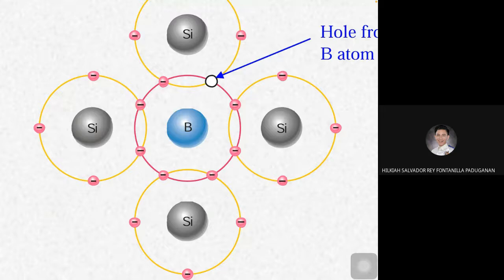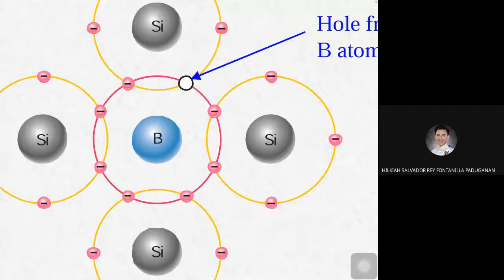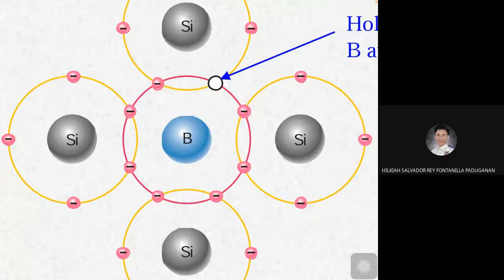Because 7 is lacking an electron, that we call a hole. It is a hole not in the sense that the material is broken, but because of the need to have an electron fill it up.